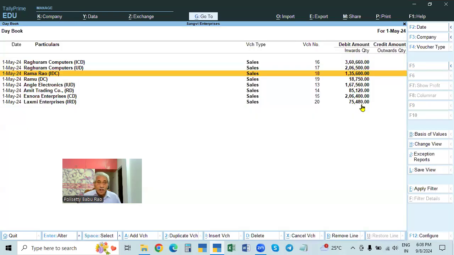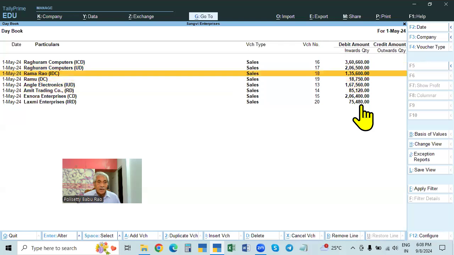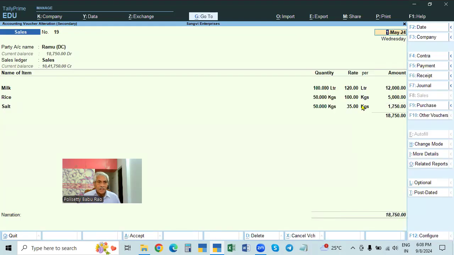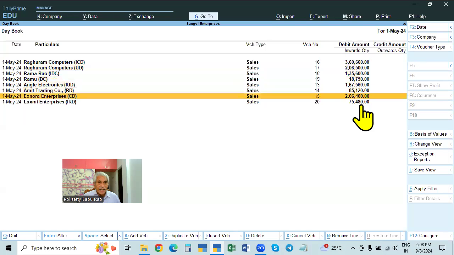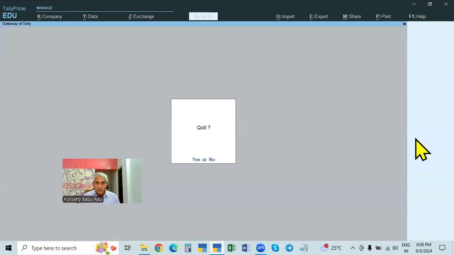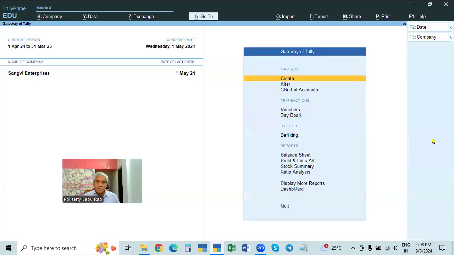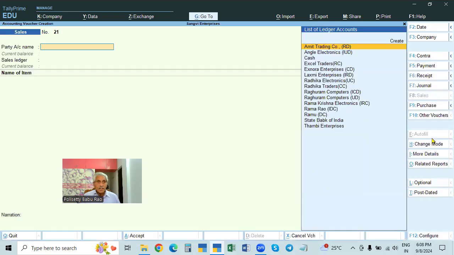Suppose you are selling for cash, how will you make the entry? For example, we are selling for cash to any of these people. I will take the voucher dated 1st May.